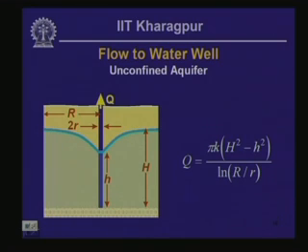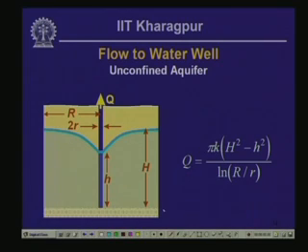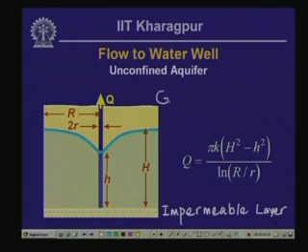and the aquifer unit extends all the way down from the ground surface to the contact between the unit and the underlying impermeable unit. So this is the impermeable layer, like what we had in the previous case, and like in the previous case, this is our ground surface.